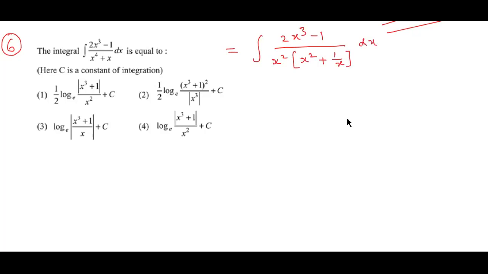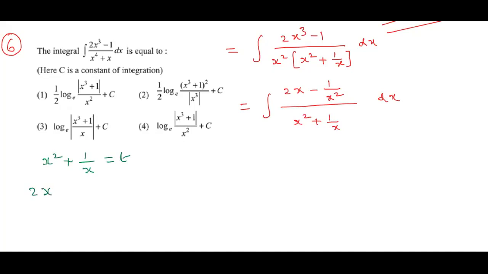Now whatever we took common, divide with the numerator: we get 2x minus 1 by x square, and denominator x square plus 1 by x dx. Now the denominator part, x square plus 1 by x, take as t, then apply differentiation to x: derivative of 1 by x minus 1 by x square into dx is equal to dt.